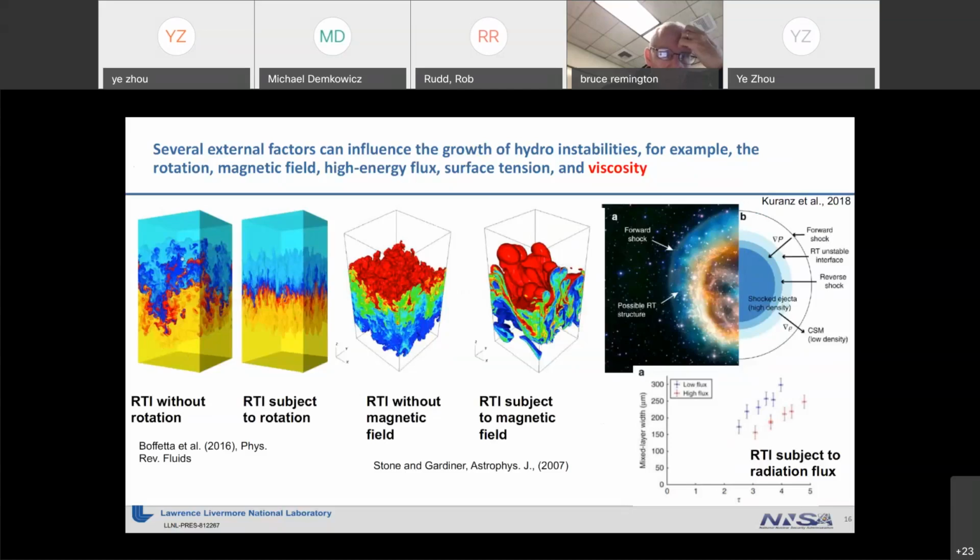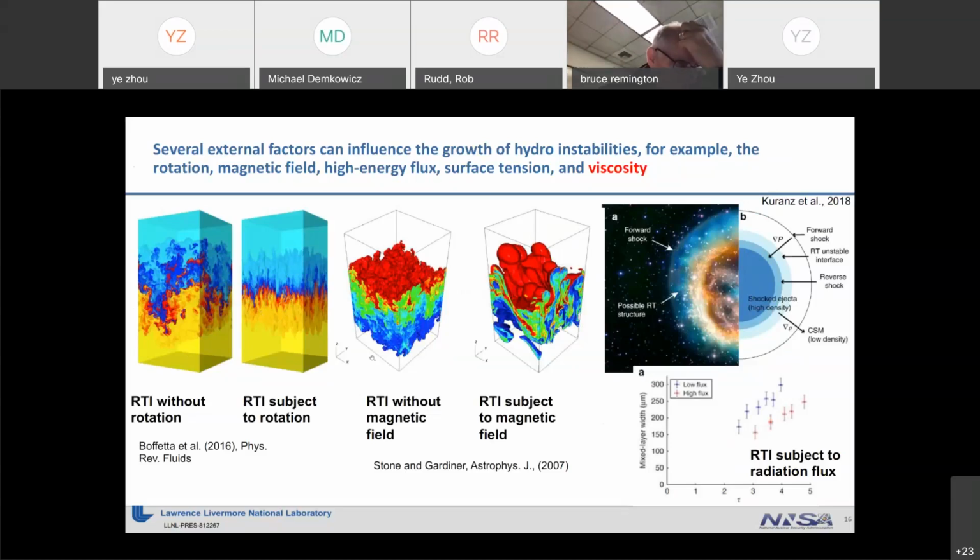You can see you have large structures and smaller structures. But when the same Rayleigh-Taylor instability is subject to a strong external rotation, you dampen out all the small scale structure, and you only have some large scale structure left.